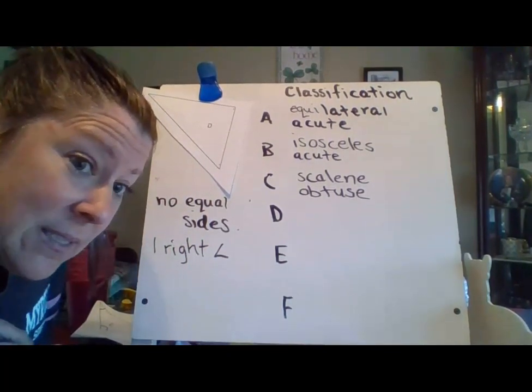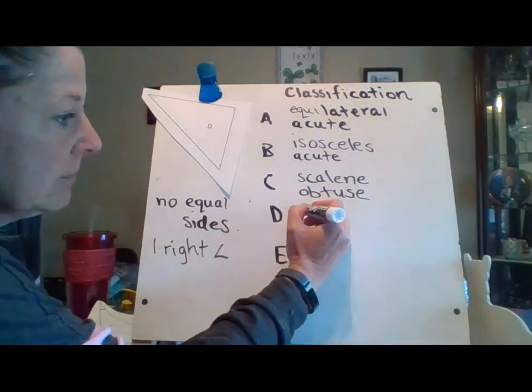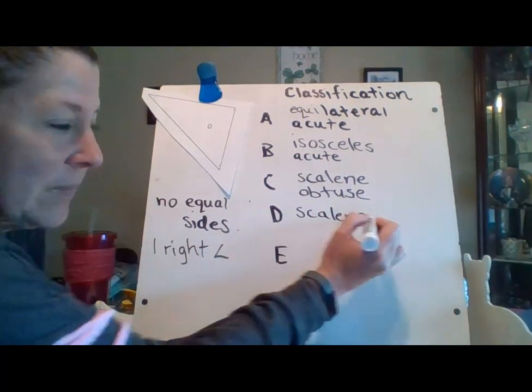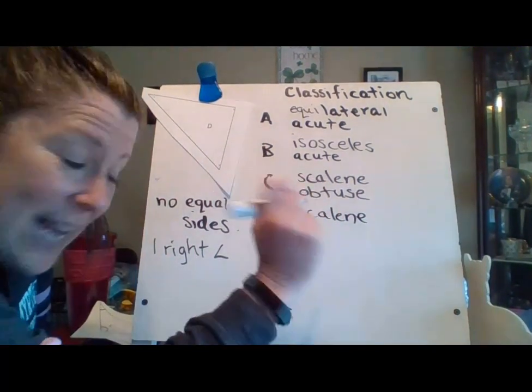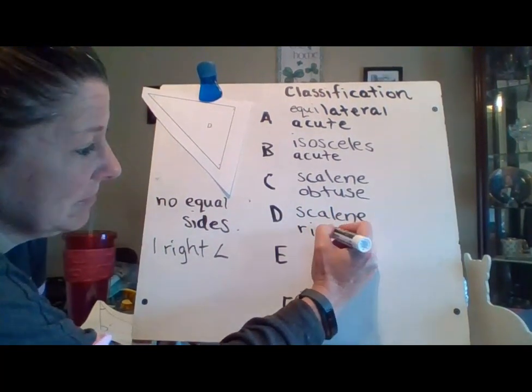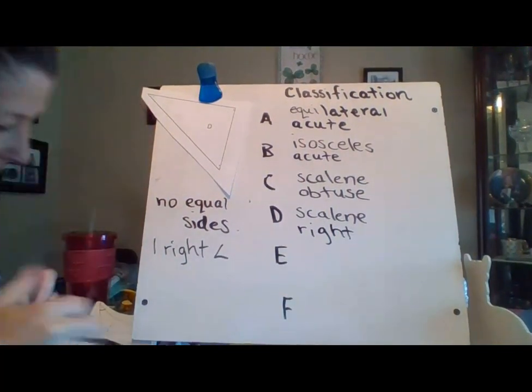No equal sides means it's scalene. So we have another scalene triangle. However, with that right angle, this is a right triangle. Okay, 2 more.